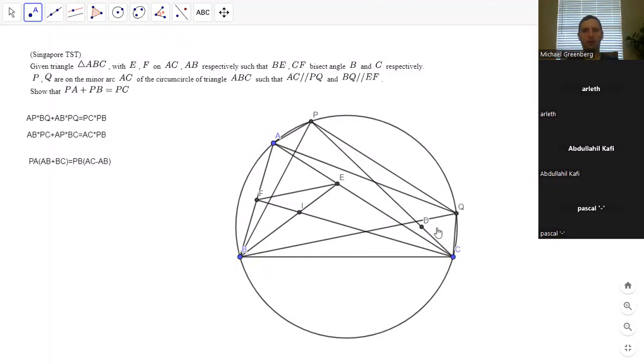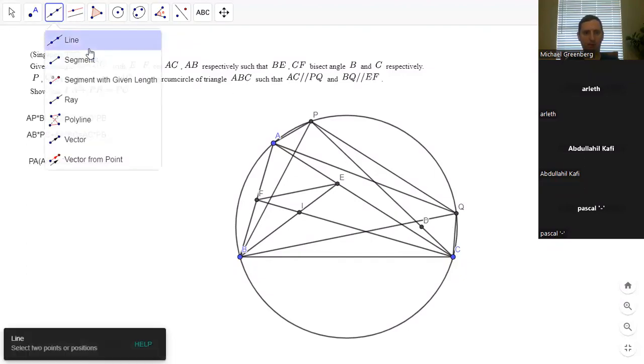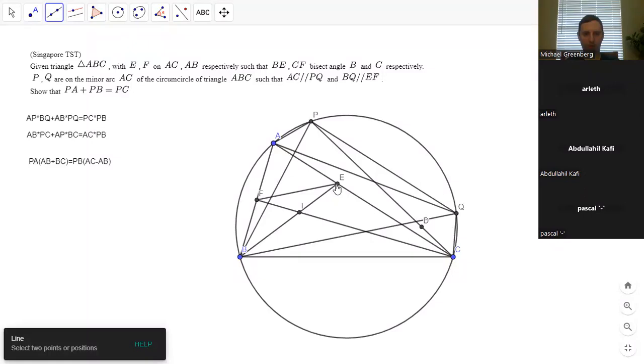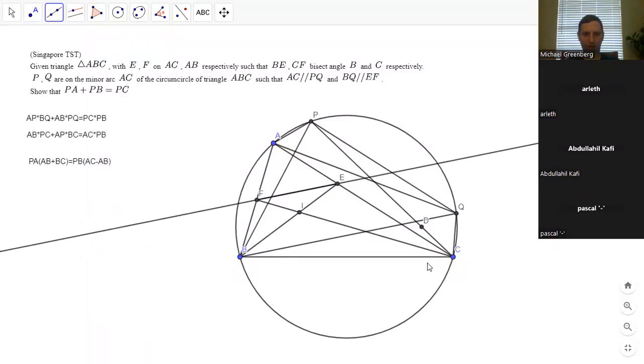We have to use that BQ is parallel to EF. So I was thinking maybe we could project through B, like EF and infinity, but I don't know what the other point would be. Maybe what I could do, if I let EF intersect BC, I think that might be helpful.